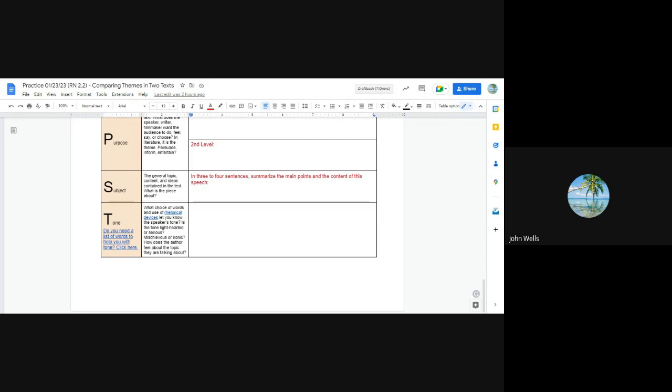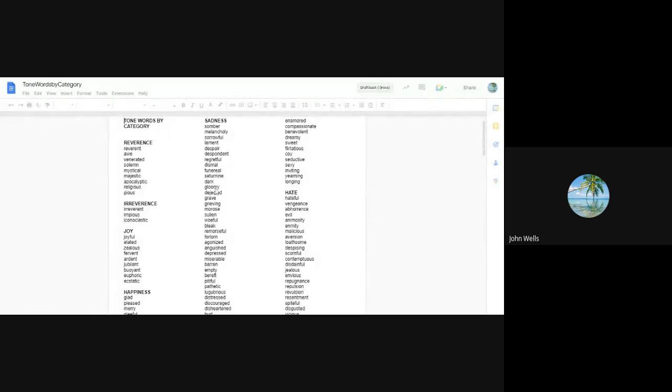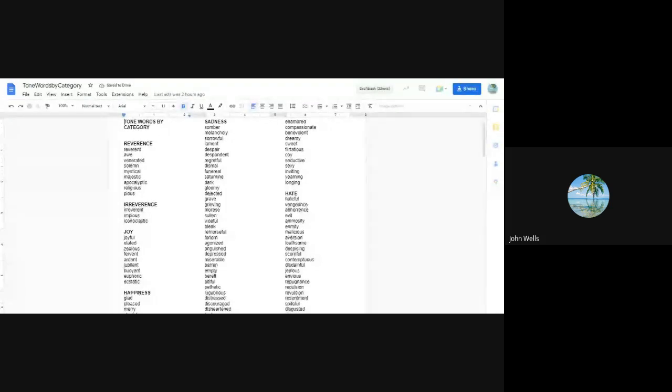Then, if you remember, we have that list of words to kind of help you see a little bit deeper about what those words really mean. What are you really trying to get across, right? So if you look at that list, you might say, "Oh, they were sad." Well, what kind of sad were they, right? And then there's a whole list of different words of sadness.